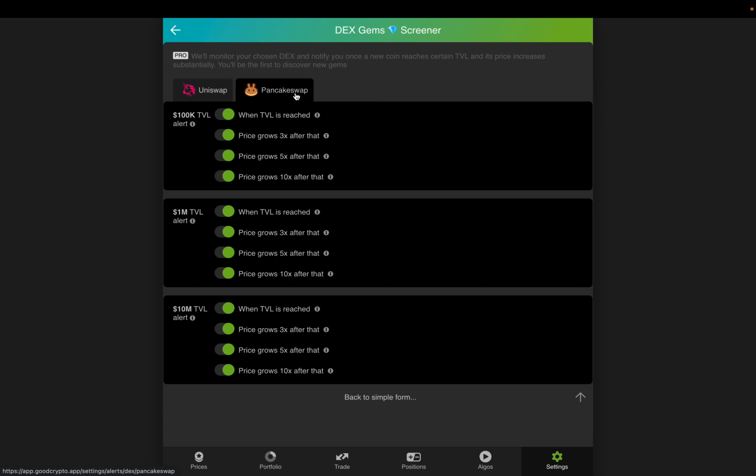Of course, given the current market situation, it might not be the best hunting ground, but whenever the market turns back up, there will be those hot coins again, and you'll be able to catch them not only on Uniswap but on Pancakeswap as well. So here is Pancakeswap for you.